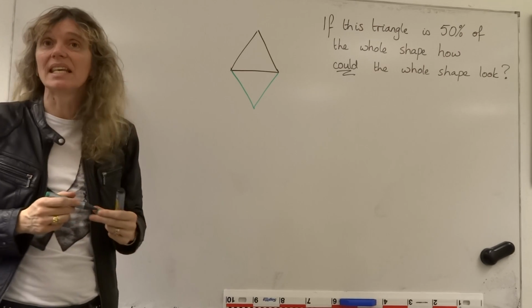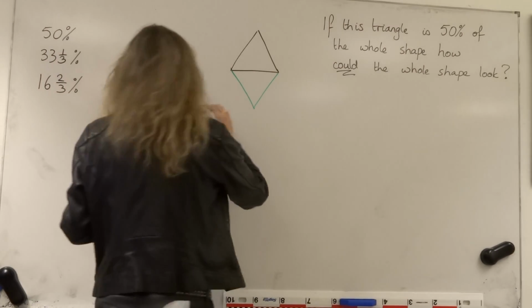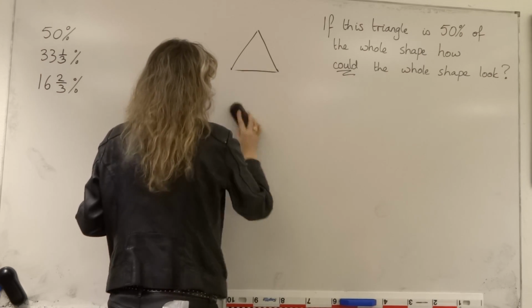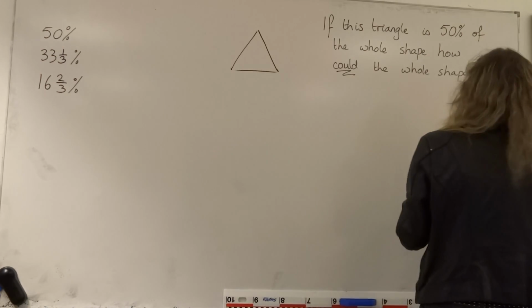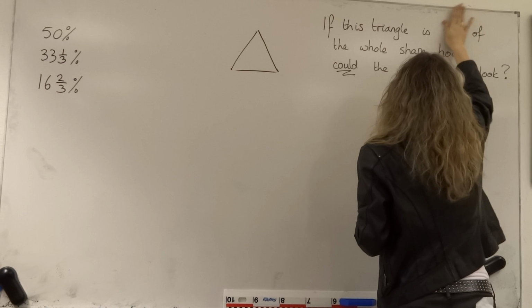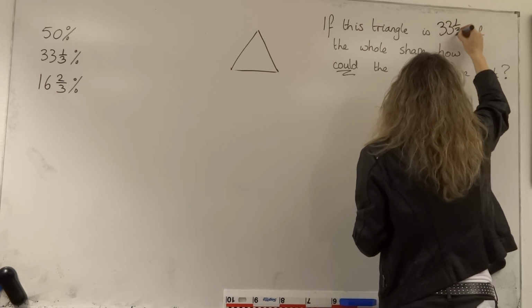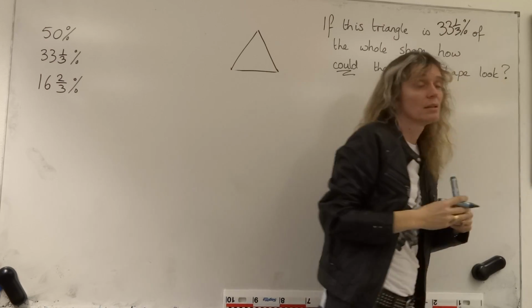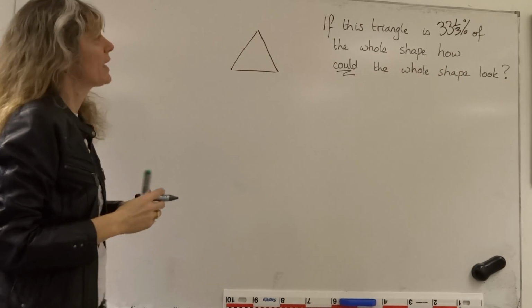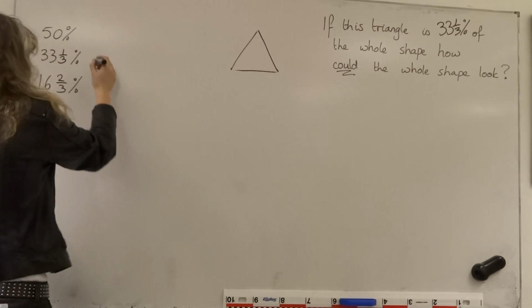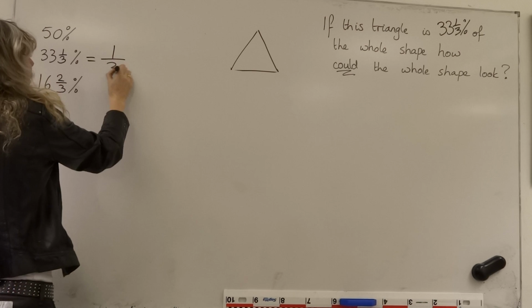So that's nice and easy when it comes to a half. But what if they change the numbers then? And they say, this triangle is now not 50%, it's now 33 1/3%. We have to recognize that 33 1/3% is the same as the fraction 1/3.